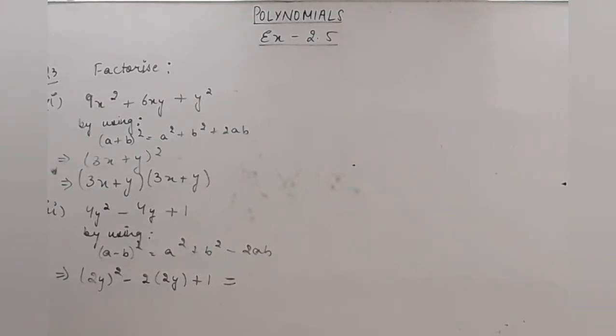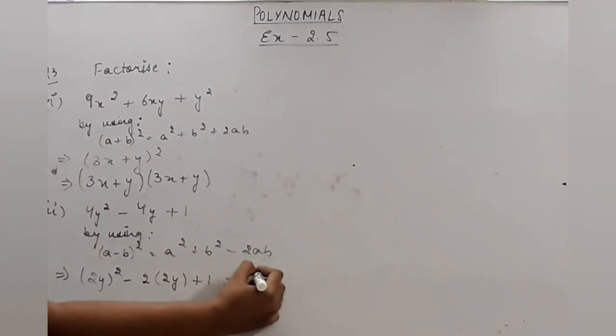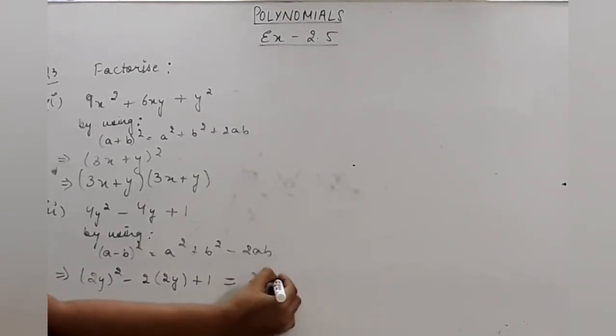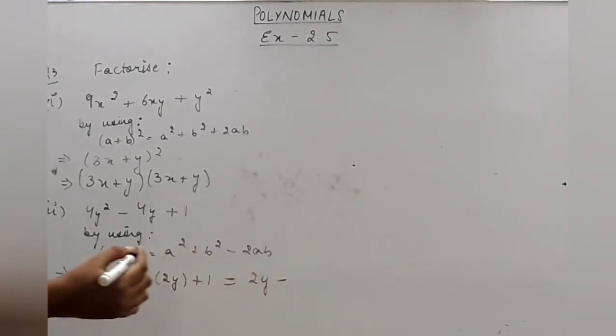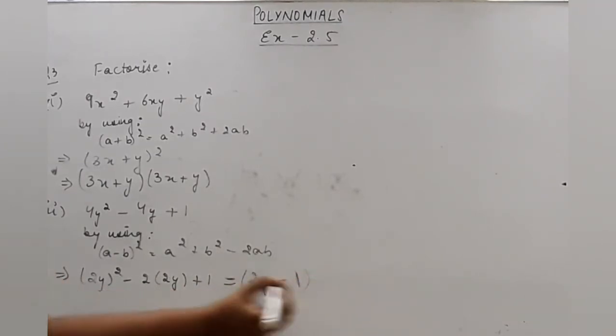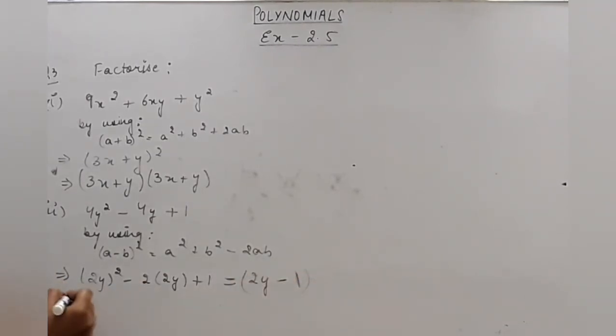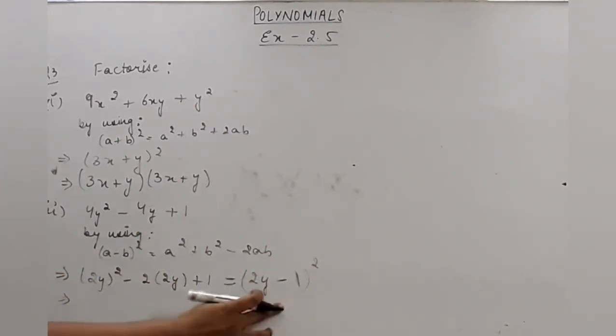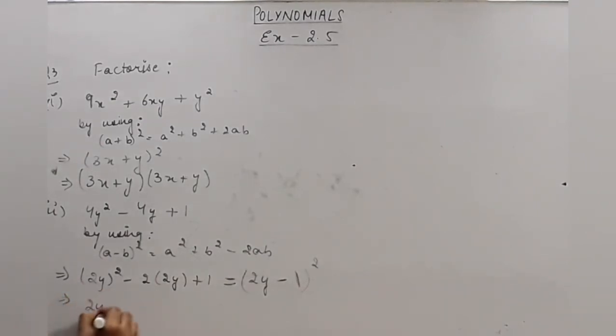You are going to write it as (2y - 1) whole square. This is not the simplest form, as I have told you. This is the simplest form now.